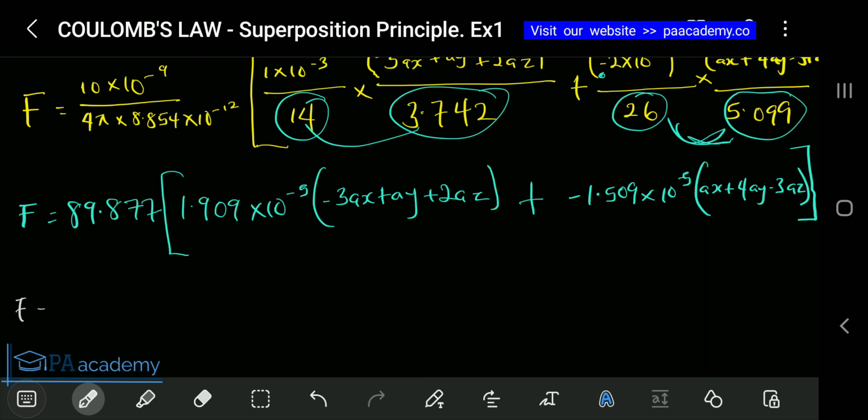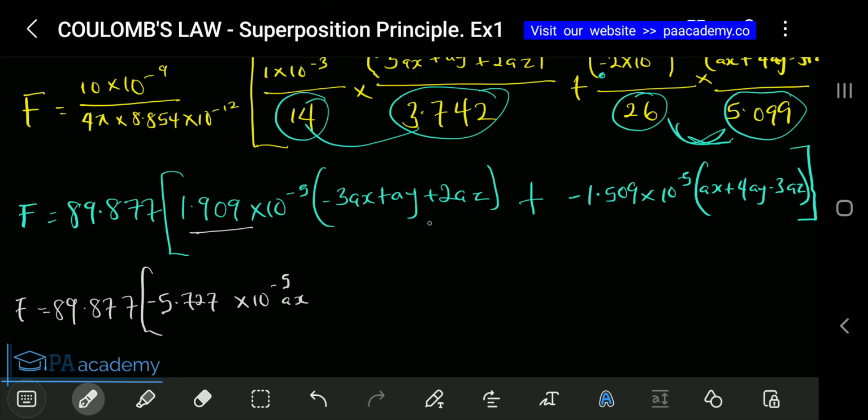So our F is 89.877. So if I use 1.909 times 10 to the power minus 5 to multiply minus 3, I'll be having minus 5.727 times 10 raised to the power minus 5 AX.